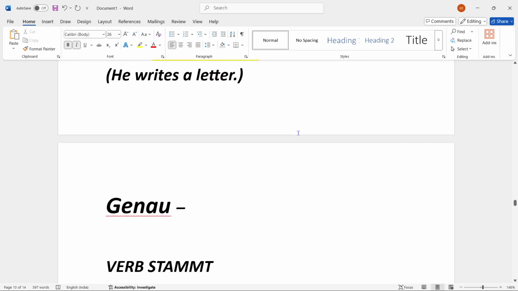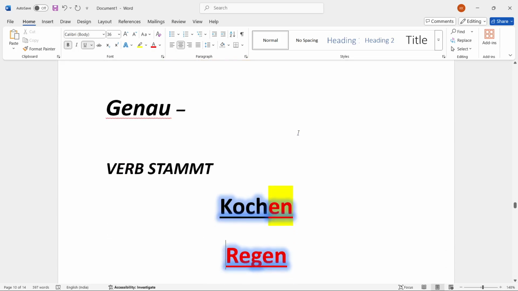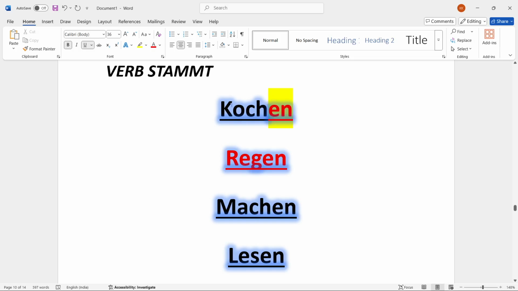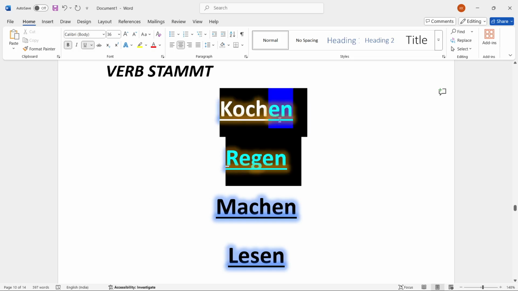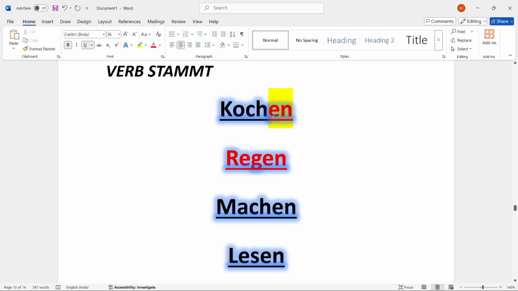So these all are conjugated verbs. But here now, all are the infinitive verbs. At the end, you need to recognize, we need to add an -en to the verb.